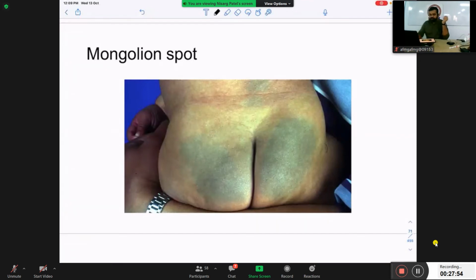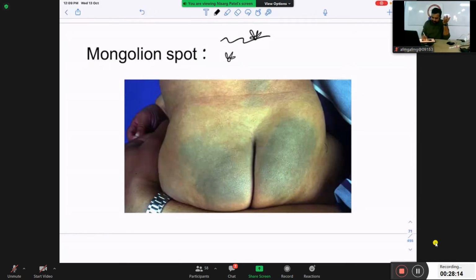Mongolian spot. You all know Mongolian spot, right? What is the cause of Mongolian spot? So normally our melanocyte, which is coming from the neural crest, is on the basal membrane, above the basement membrane. But what happens in Mongolian spot?